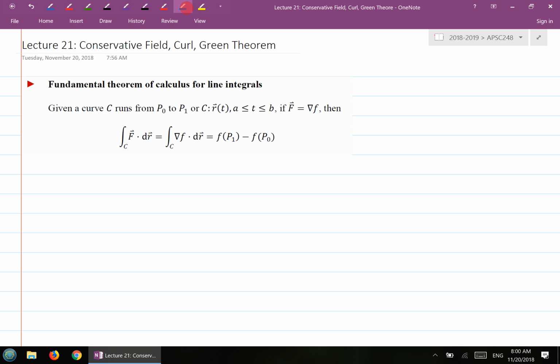At the end of the last lecture, we covered this so-called fundamental theorem of calculus for vector line integral, more precisely.